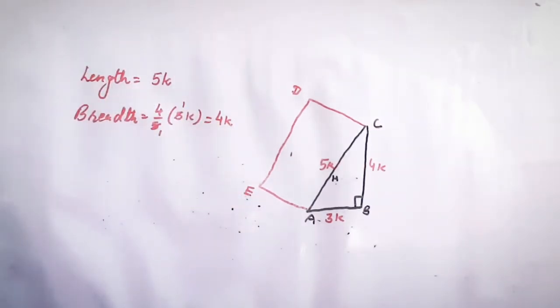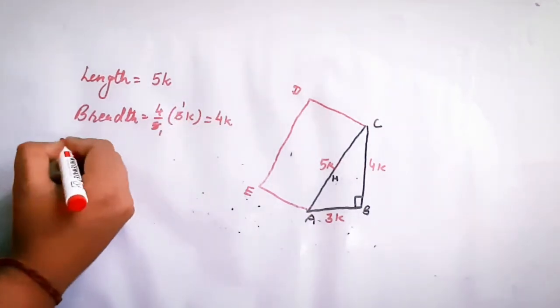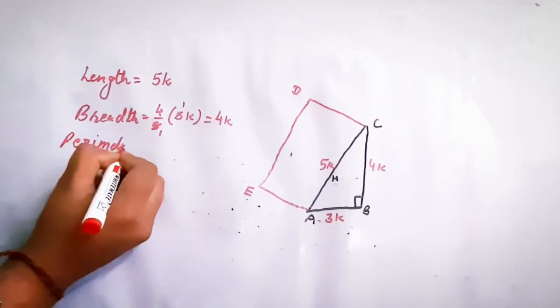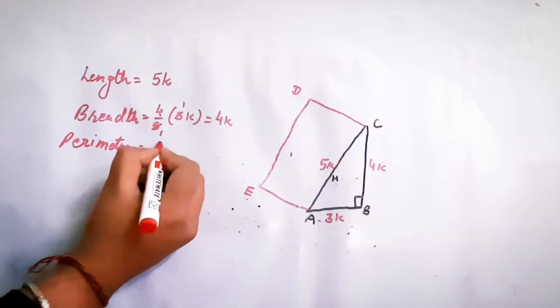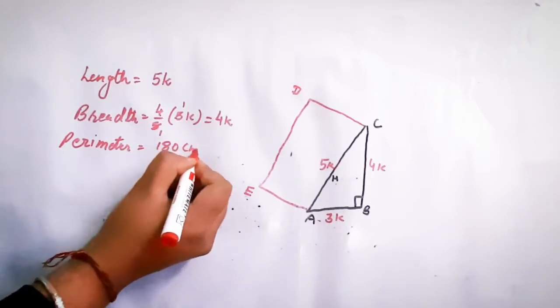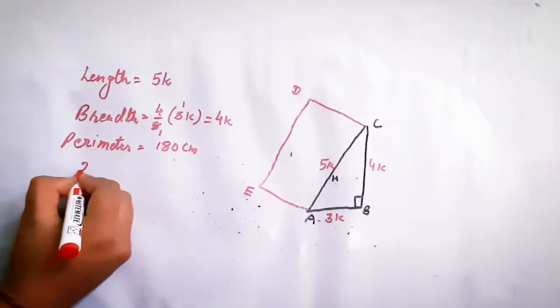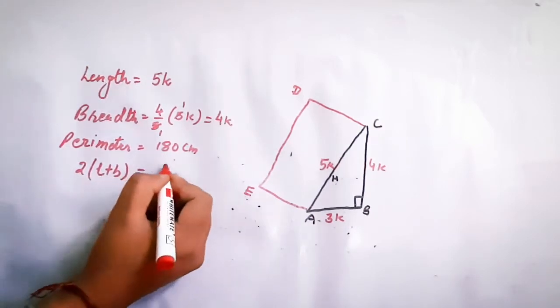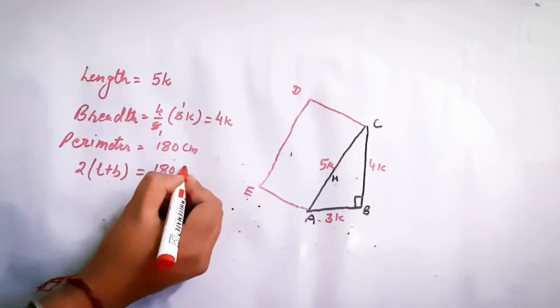Now what is given in the question? That the perimeter is 180 centimeter. So what is perimeter? 2 multiplied by length plus breadth is equal to 180 centimeter.